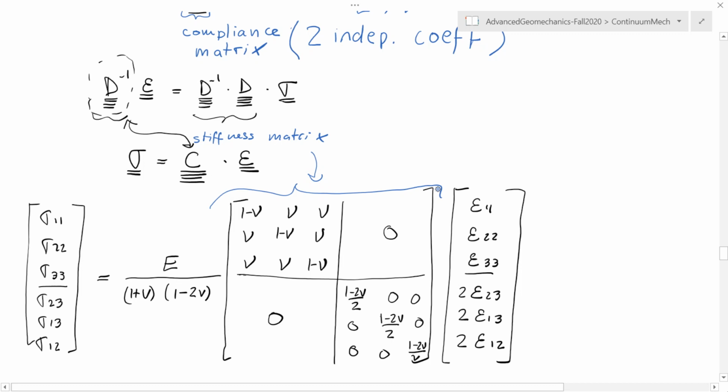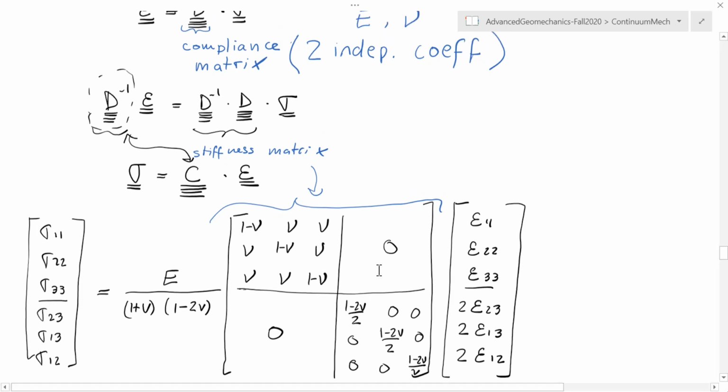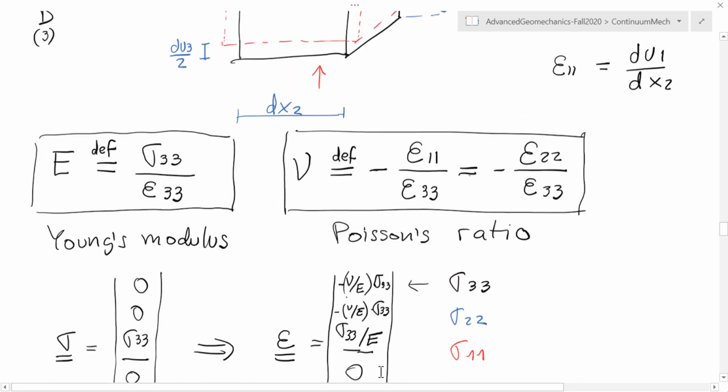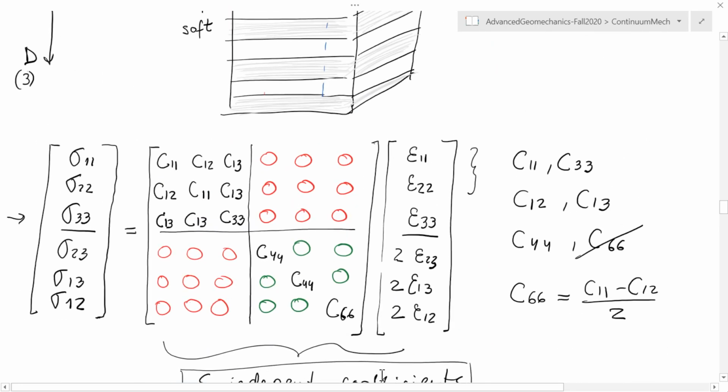So now this is the stiffness matrix that we have found from the definition of the Young modulus and the Poisson ratio, and it allows me to link stress and strain for the linear elastic isotropic solid. We're going to see later how we find this stiffness matrix, especially for the vertical transverse isotropic model, because that's a model which is very relevant to rocks.